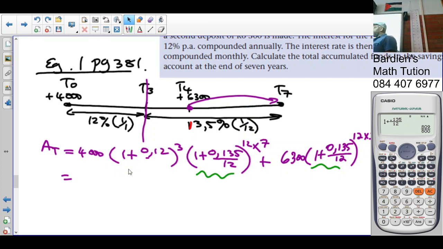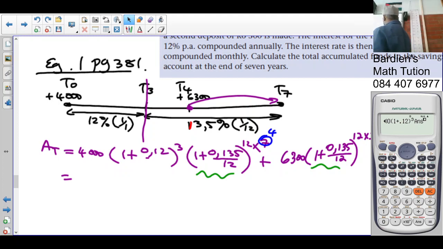Can you see that? So we have 4,000 into 1 plus 0,12 to the exponent 3 times answer to the exponent, is there 7 here? Is that correct? It's supposed to have been 4.